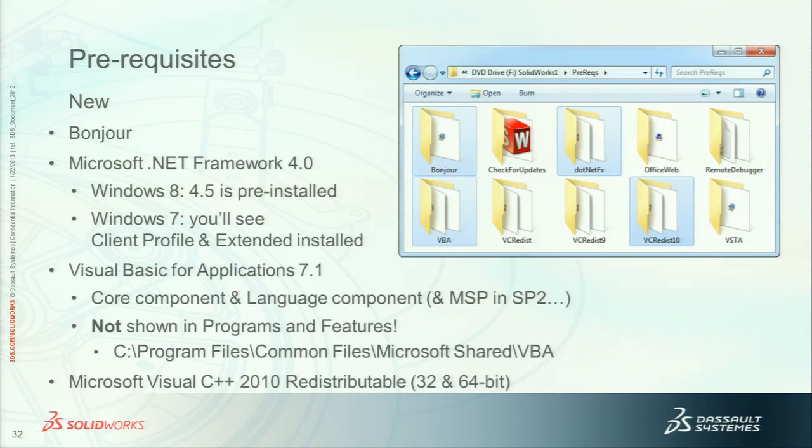Is there a way of determining if a prerequisite is on there and it's working, or failing? The short answer is no. Again, that's something the installation manager, unfortunately, lacks right now and kind of assumes. If it detects that those things are already on there, it assumes they're working correctly, unfortunately.